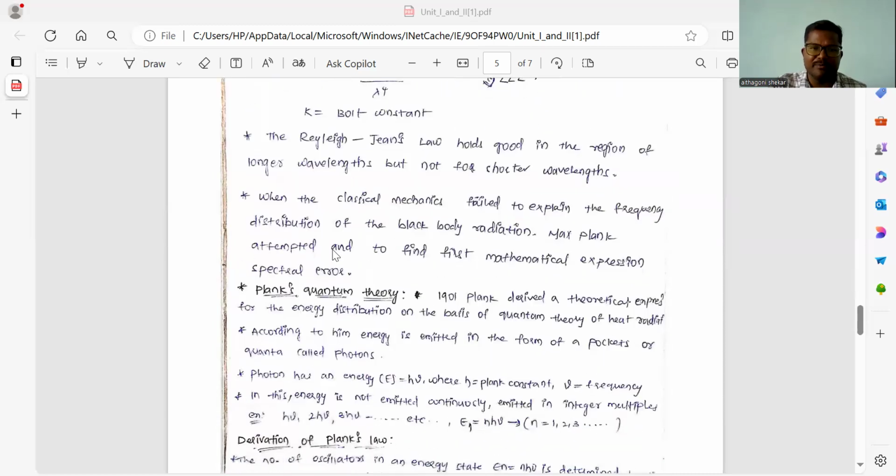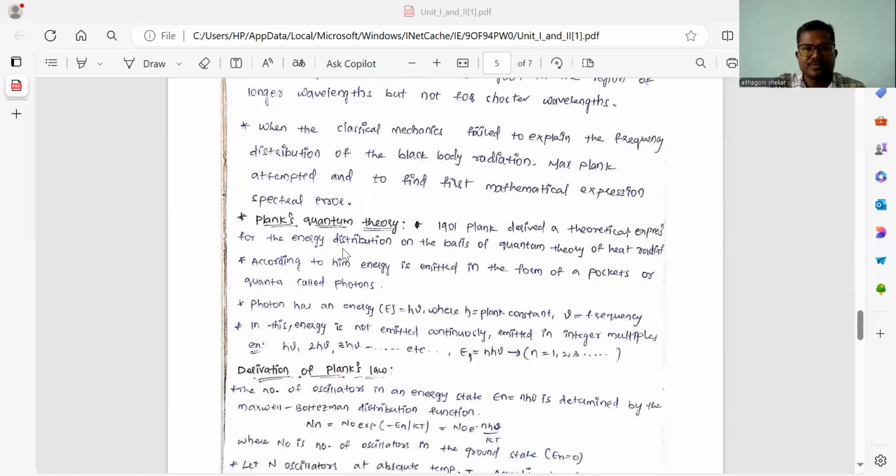What is Planck's quantum theory? In 1901 Planck derived a theoretical expression for the energy distribution of bodies, the quantum theory of heat radiation. According to him, energy is emitted in the form of packets.